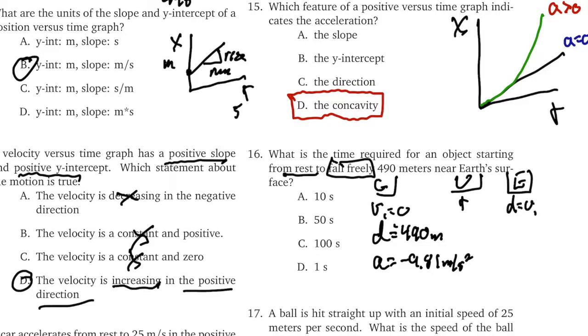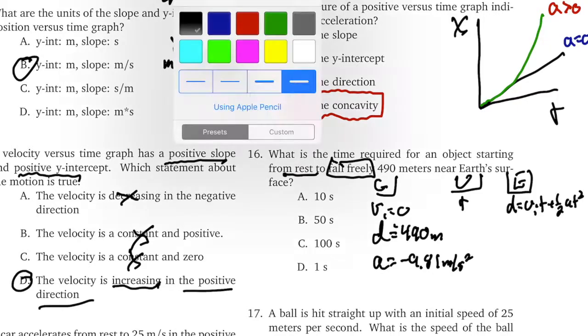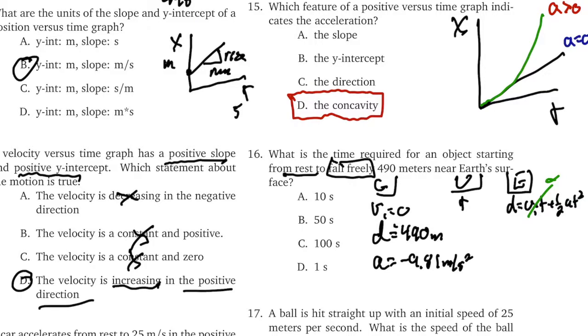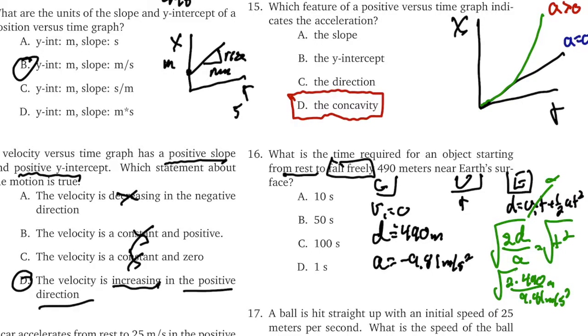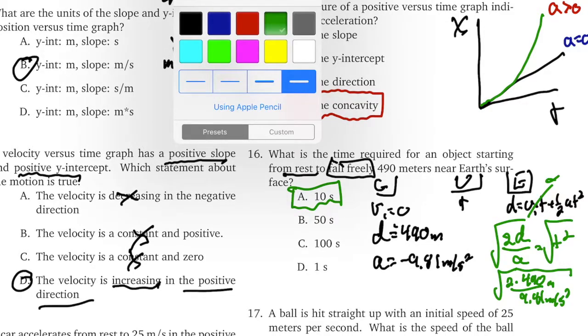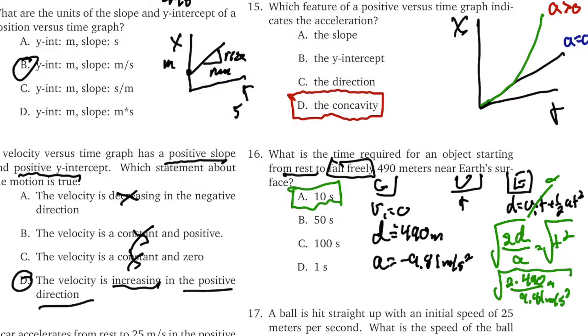So I'd get d equals vit plus 1/2 a t squared. V initial is equal to 0, so I can get rid of that. And if I solve for t, I get 2d divided by a equals t squared, and I take the square root of both sides. I plug in my numbers, 2 times, the minus signs will cancel, so I have 490 meters, 9.81 meters per second squared, and I get answer choice A when I type that into the calculator. Make sure you remember to take the square root. So this is the answer choice you'd get if you didn't take the square root.